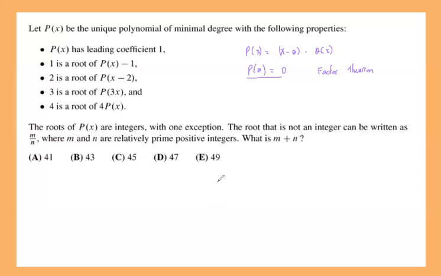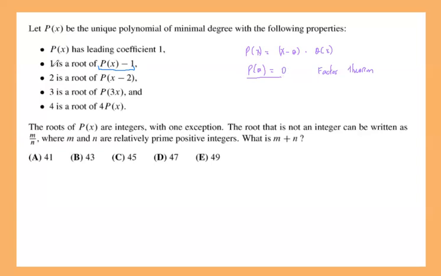So let's see how that looks. We are told 1 is a root of this polynomial. If x equals 1 is a root, imagine in this case a is a root, because when you plug in a the result is 0.